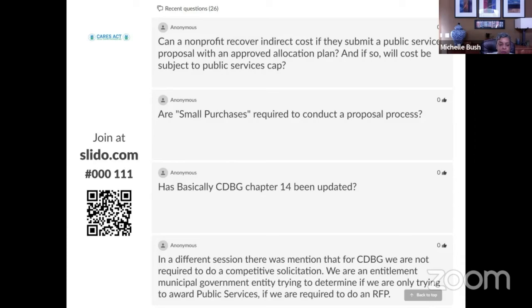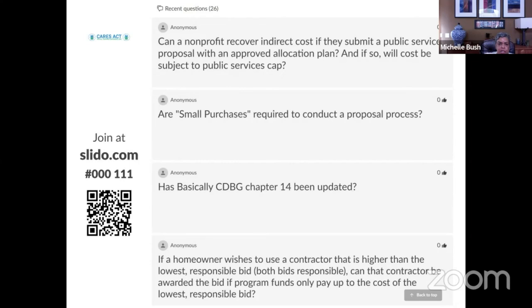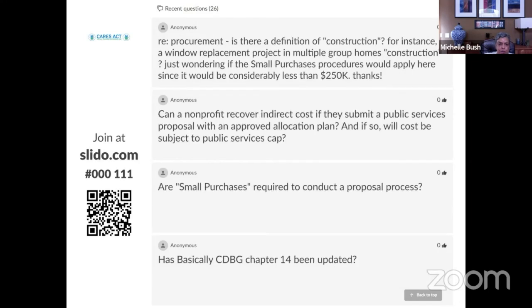Okay, I'm going to go back up to the top. Can a nonprofit recover indirect costs if they submit a public services proposal with an approved allocation plan? And if so, will costs be subject to public services cap? Let me read that again. Can a nonprofit recover indirect costs if they submit a public services proposal?